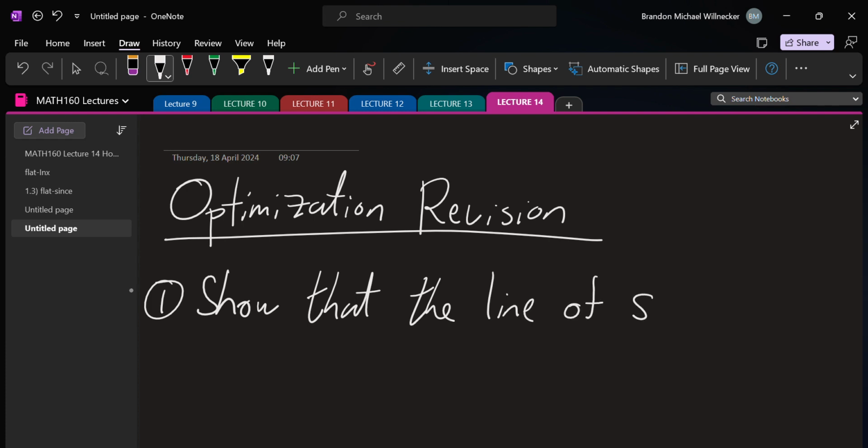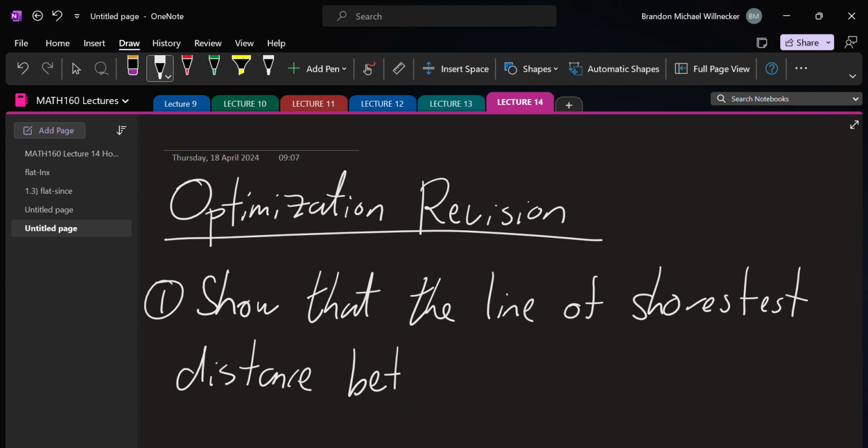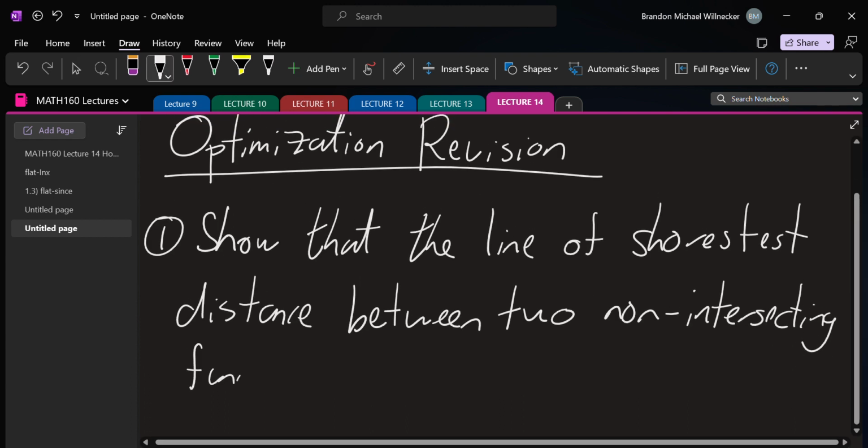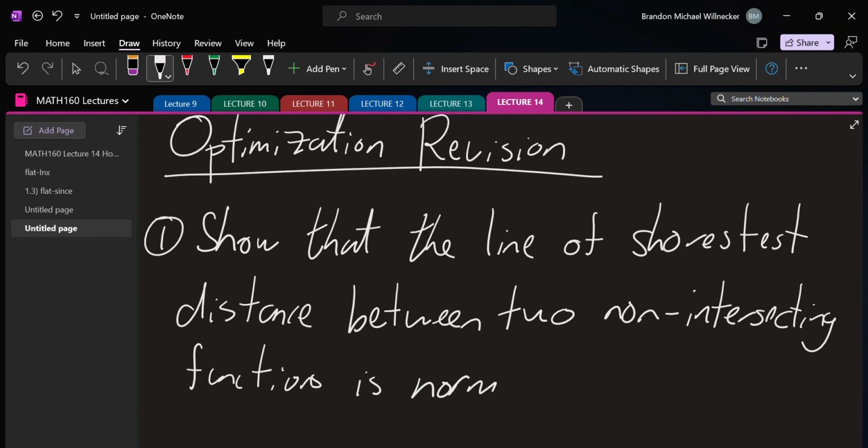Show that the line of shortest distance between two functions, between two non-intersecting functions, is normal to both functions.